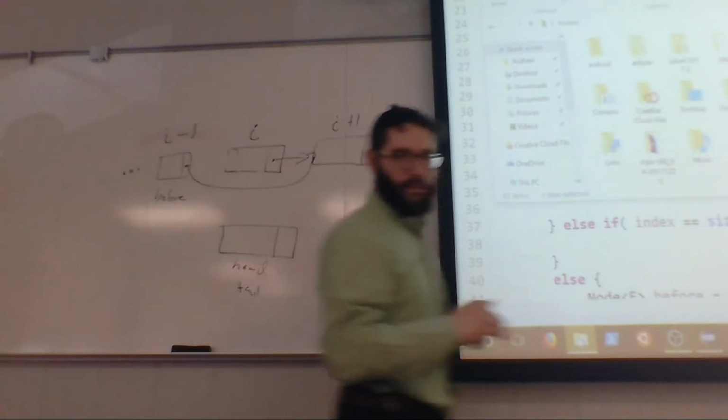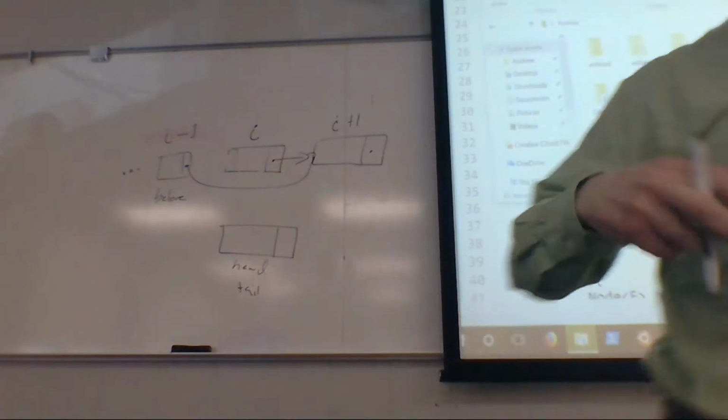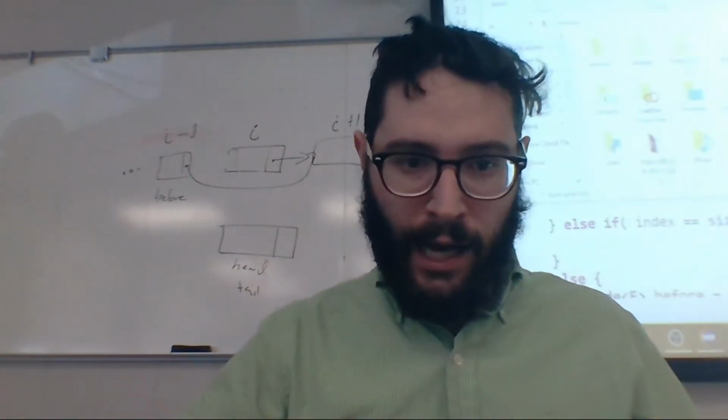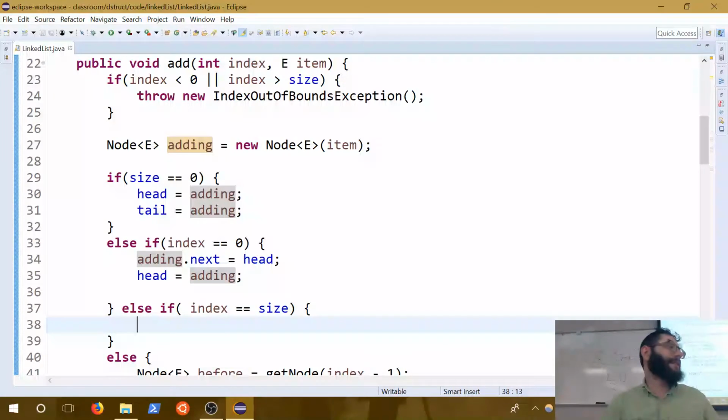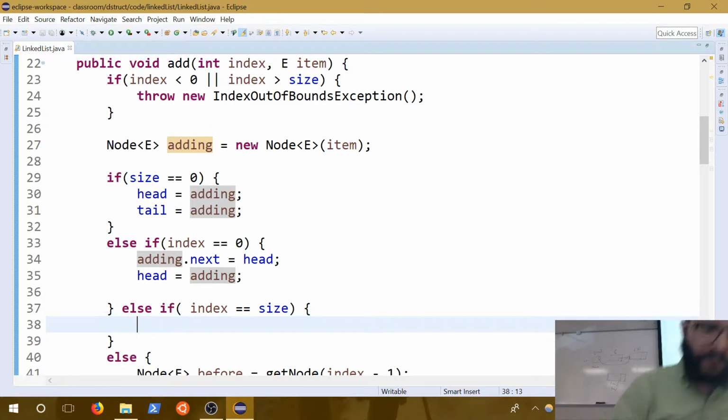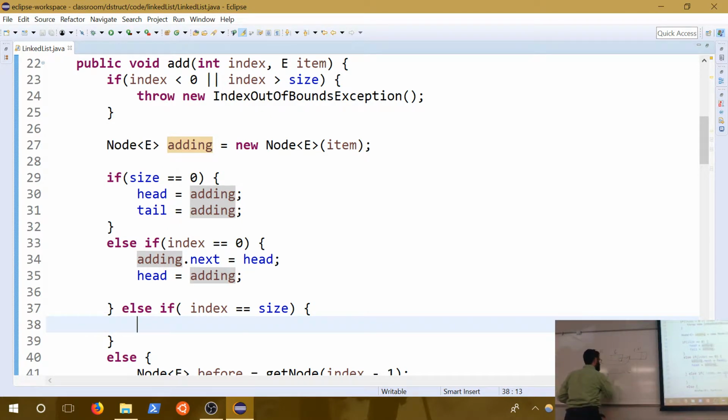Okay. Then, what are we going to do? What if we're adding to the end of the list? Well, if we're adding to the end of the list, let's go ahead and draw that out. And I'll just reuse this drawing over here.